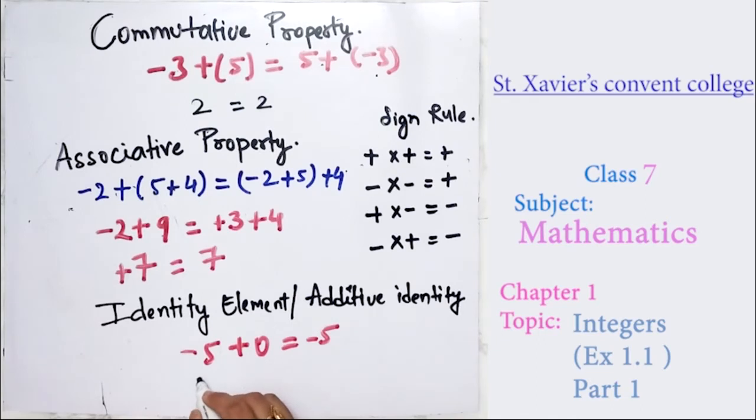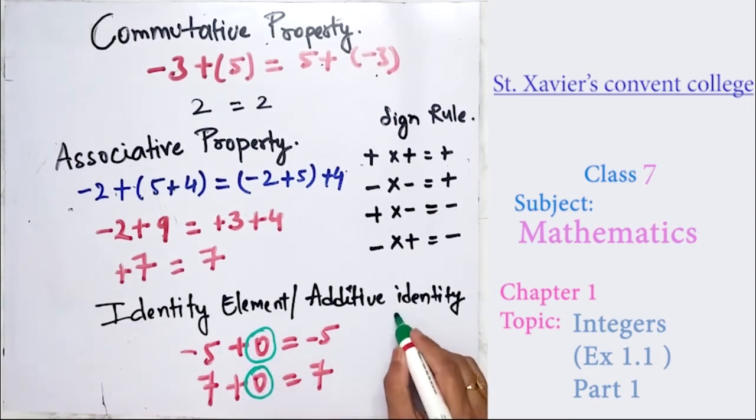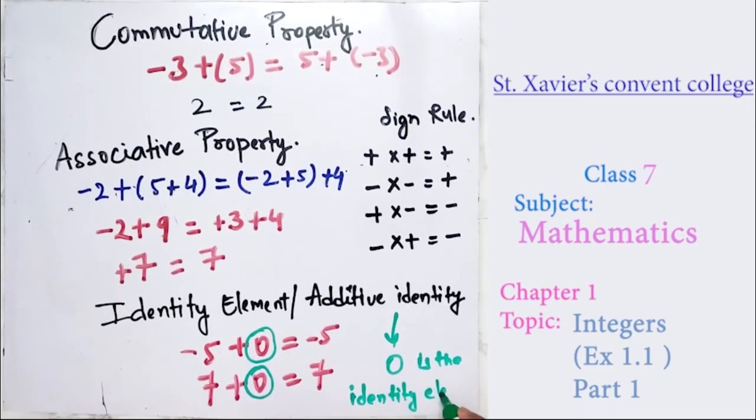Suppose I have taken 7. To maintain its identity, I add 0 and again I get 7. So the main element that works here is the 0. The additive identity is the 0, the identity element. Why is it called additive? Because it is getting added over here.